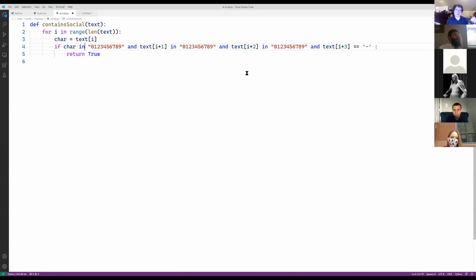So if our first character is a digit, and our second character is a digit, and the third character after that is a digit, and the character after that is a dash, right? And then we would have to check another digit, and then another digit, and then another dash, and then 4 more digits after that. It'd be one long statement, a lot of nested. It's awful is the point I'm trying to say.